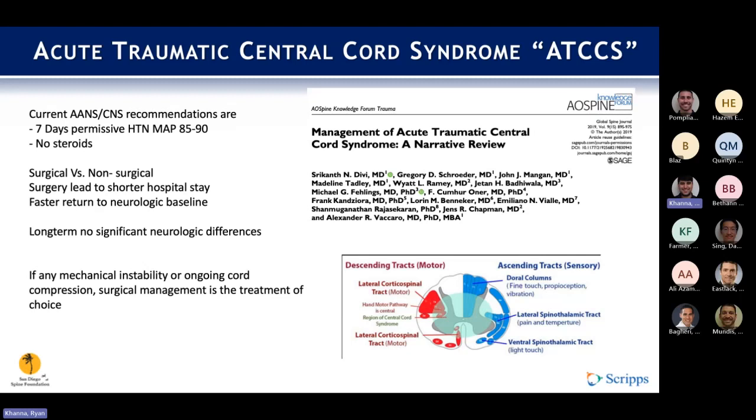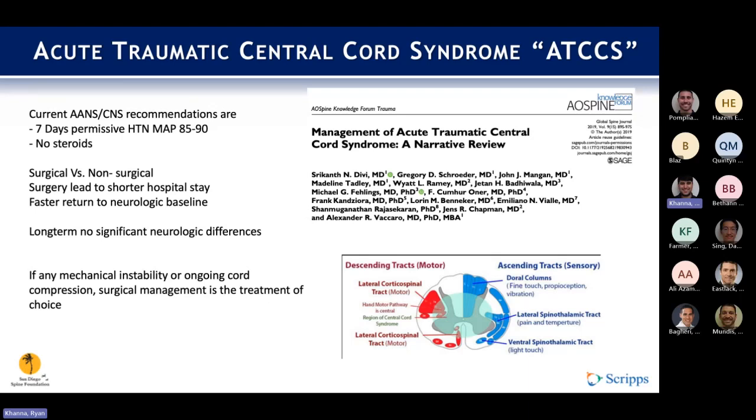Like I said, we had one of these 33-year-old patients present on Friday, and studies have shown that surgery can lead to a shorter hospital stay and a faster return to neurological baseline, but in the long term, there aren't significant neurologic differences between the groups.